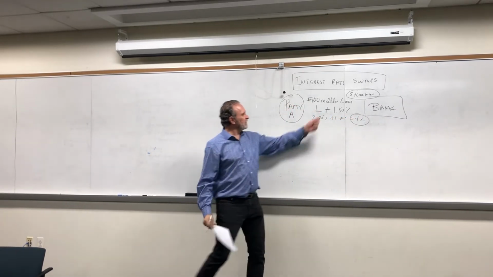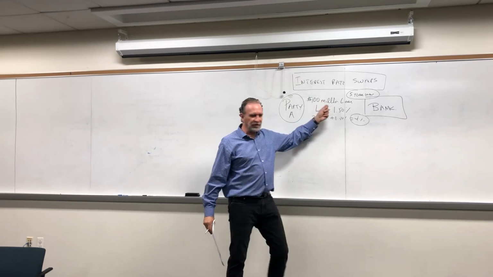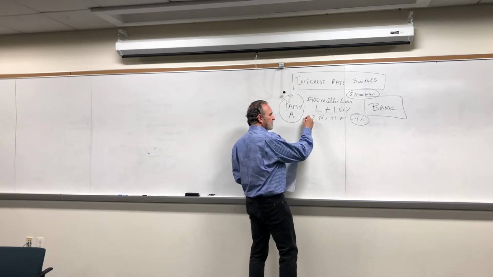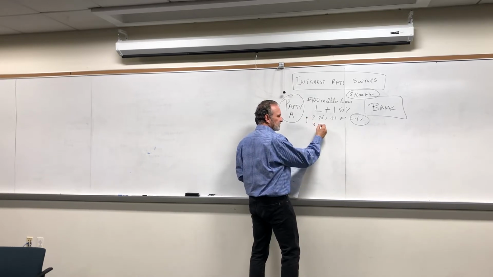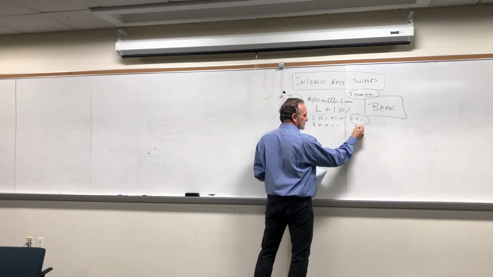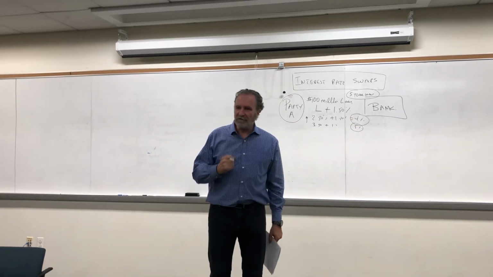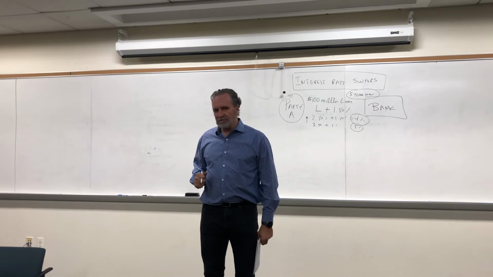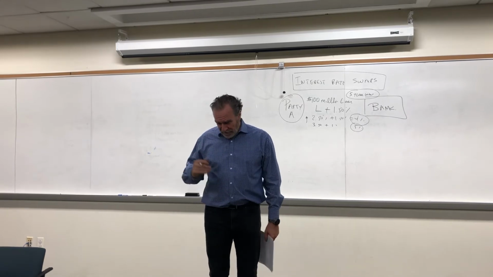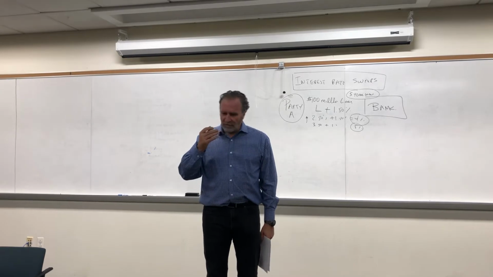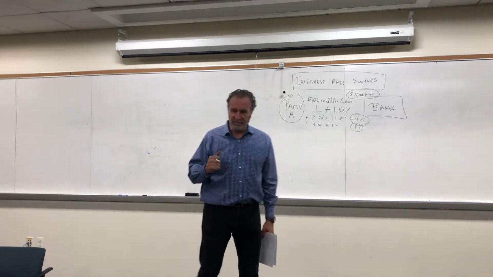So they pay $4 million on a $100 million loan, $4 million a year. But if LIBOR goes up to 350, so now it's 5%, they're going to go from $4 million to $5 million, $1 million more, and that might be a little bit too costly for them to be able to continue paying.